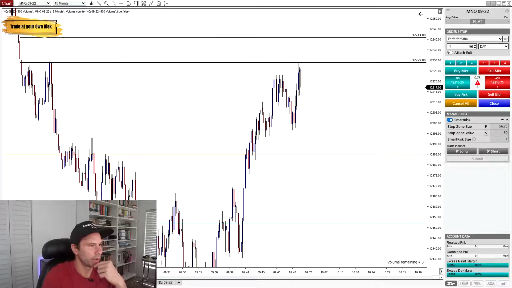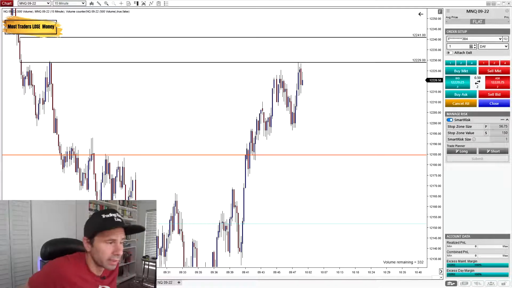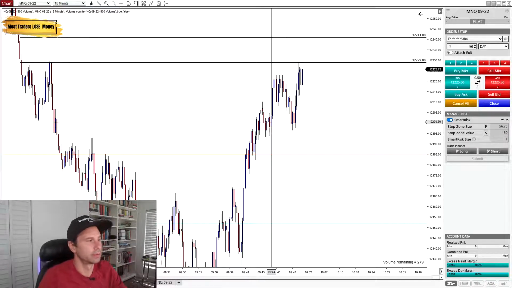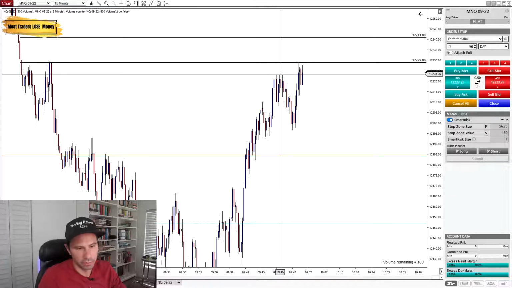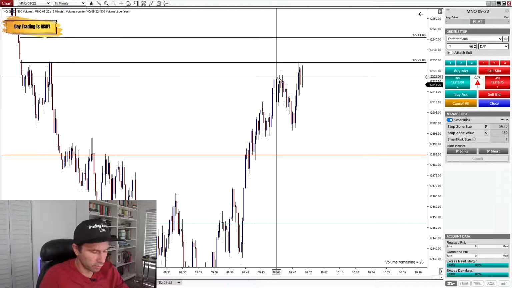It created a high, and the high was created at 44, and the market is going higher from there. Like 44 is right here. There you go. This is the high at the tick chart.